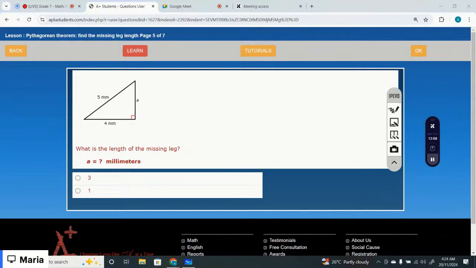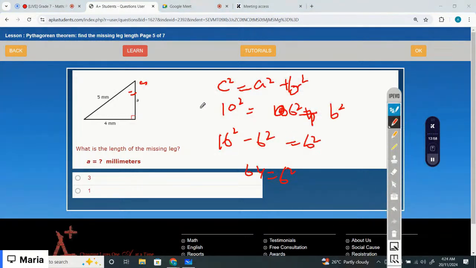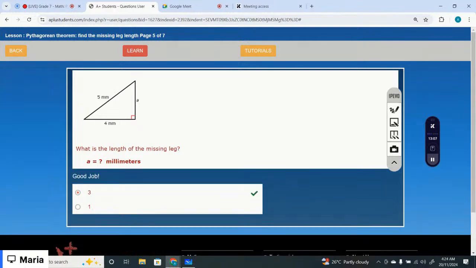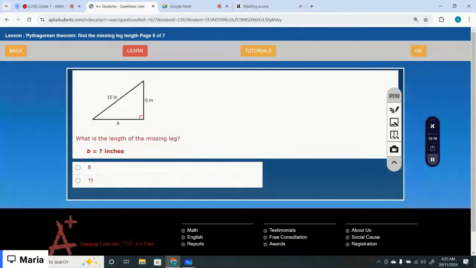Okay, let's just calculate. Very good. That is 3. Option number 1 is the correct option. Okay, the next one is: find the length of the missing leg. So which is the correct option?